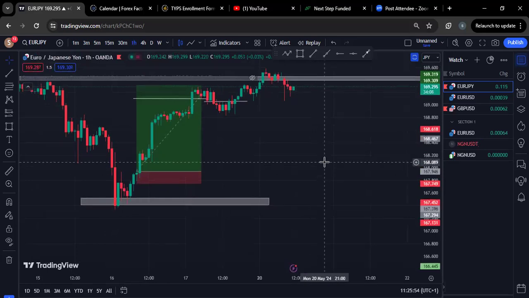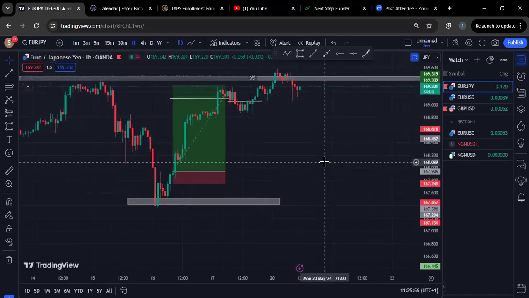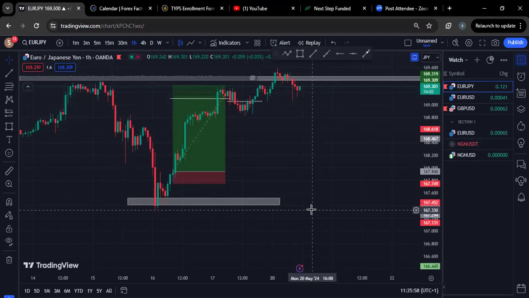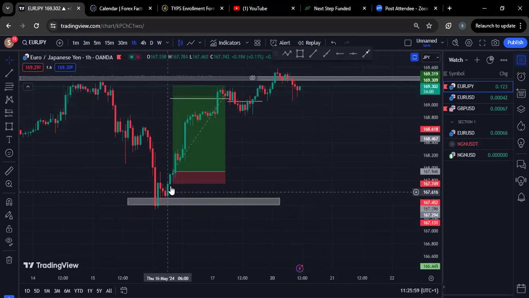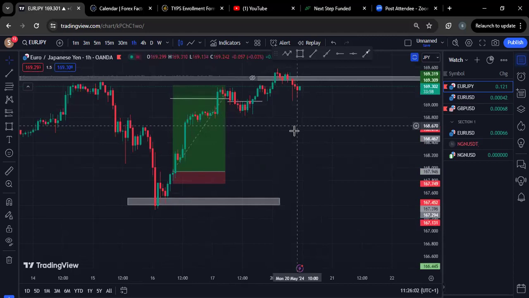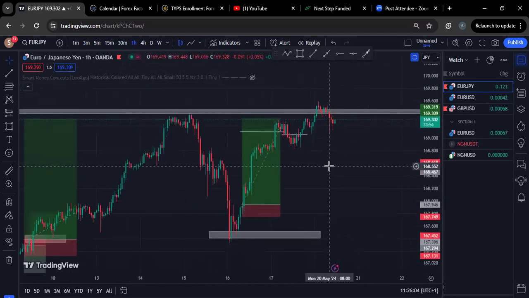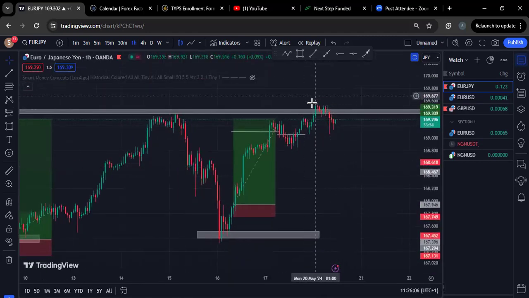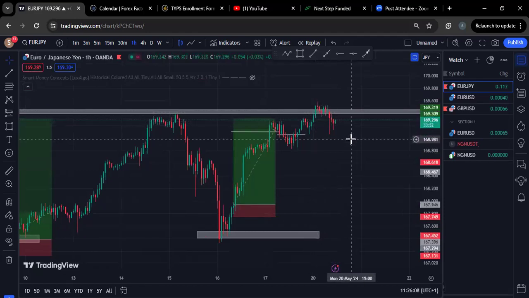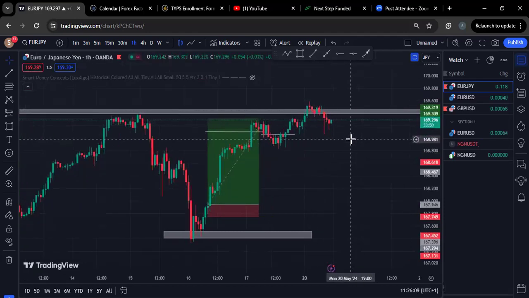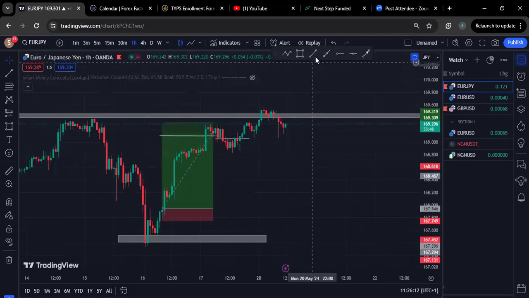From the 1 hour time frame, this is what we are seeing. It's still hovering around this same point, right? So if at all you want to take this particular trade, wait for it to come and retest this zone.